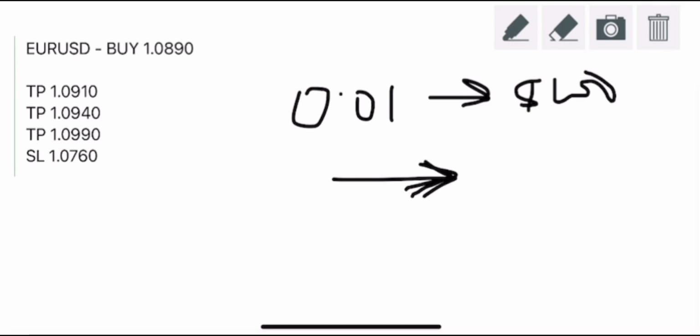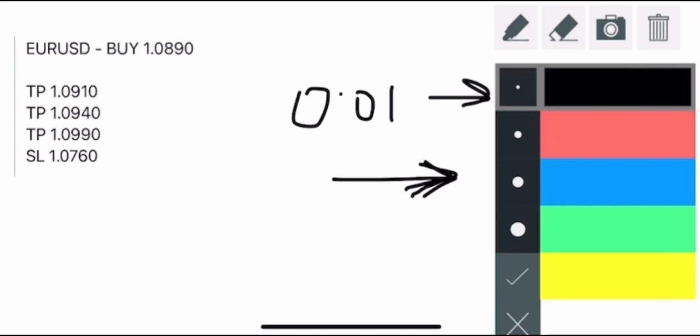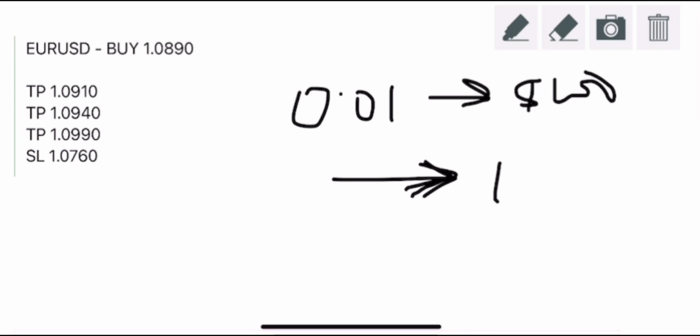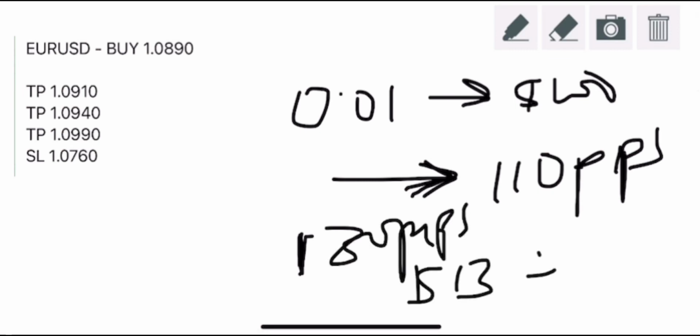What you have to gain if this trade goes in your desired direction is about 110 pips. But if it goes against you and hits stop loss, you're going to lose 130 pips. So it's like risking $13 to get $10, which is very, very poor.